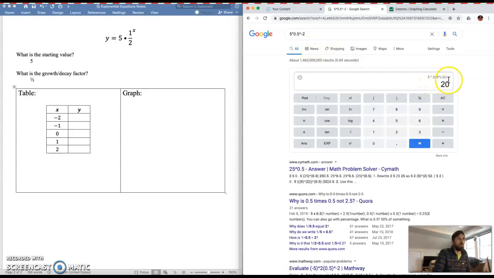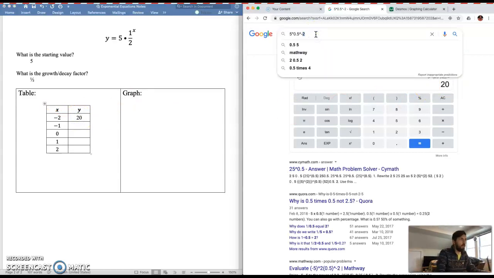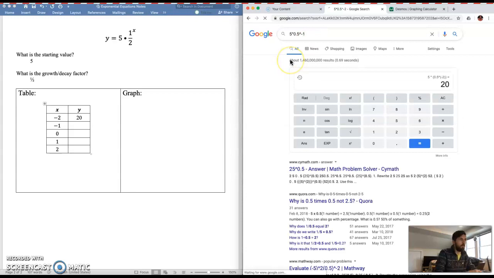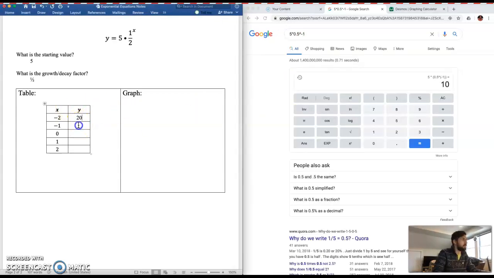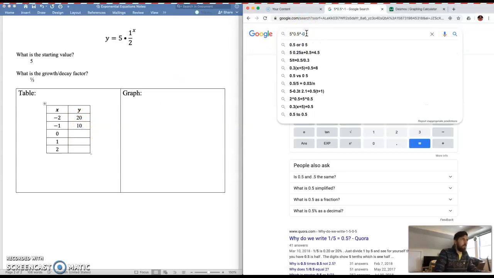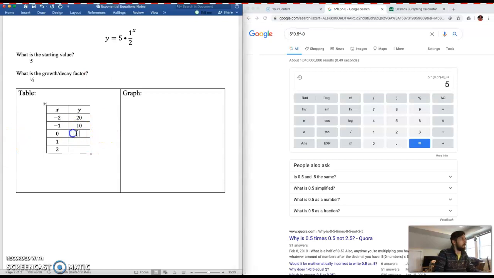So here, 0.5 to the -2, that is going to give us 20. We can do this again with a -1, and that gives us 10. 0, that's going to give us a 5.